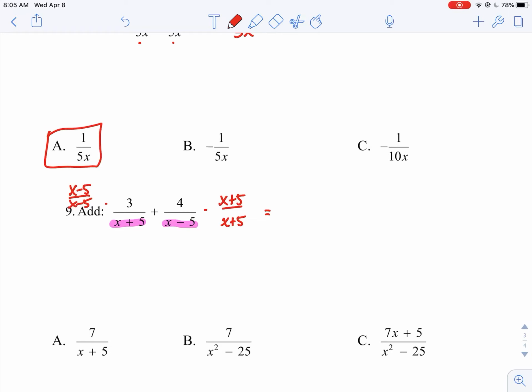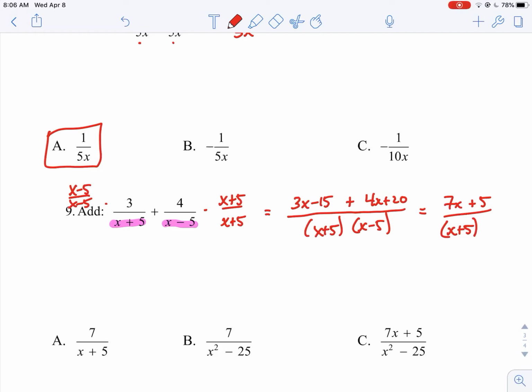So looking at this expression, we now are looking at 3x minus 15 plus 4x plus 20, and that's all over the denominator of x plus 5, x minus 5. Got a little bit of work to do here, so I've got a 4x and a 3x, that's going to give me a 7x, and I've got a negative 15 and a 20, so that's going to give me a positive 5.